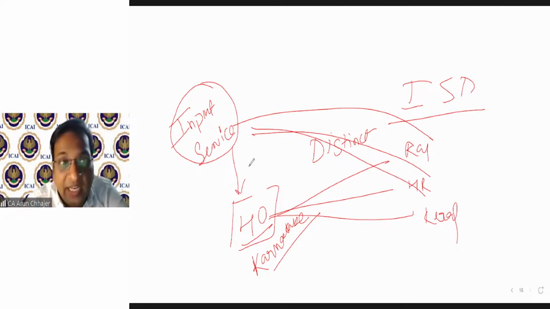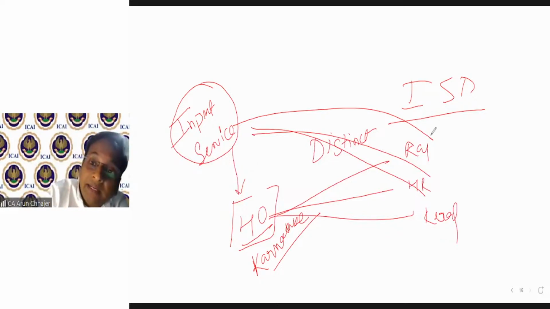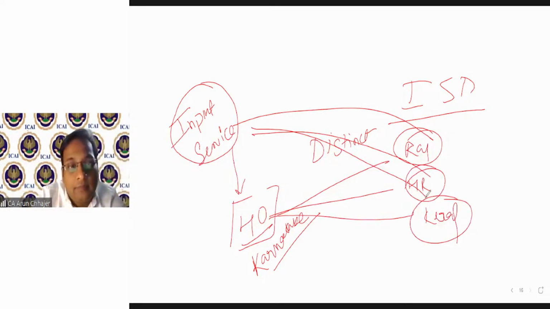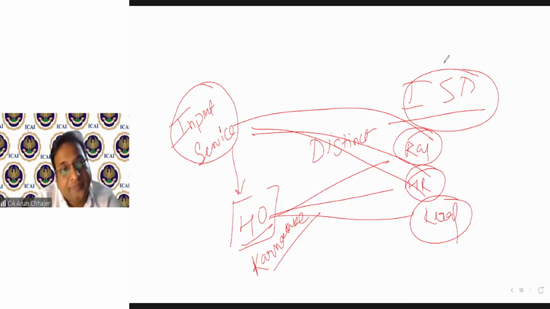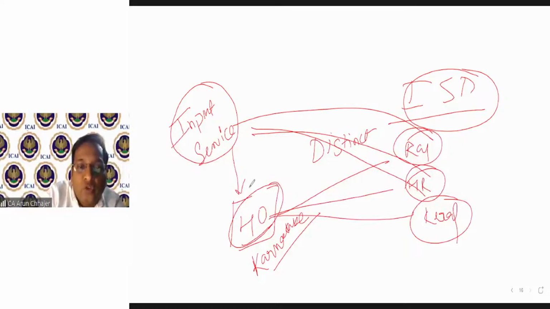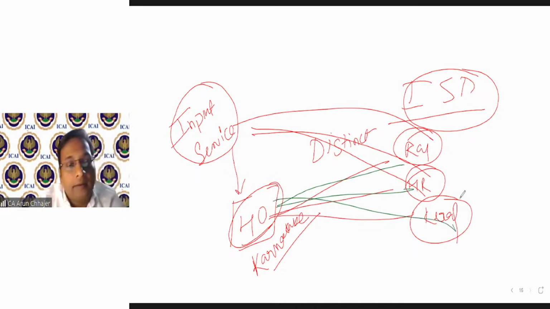So the input service invoice is being received at the head office, but that invoice was for the benefit of the branches. According to section 20, this head office has to distribute the credit in the turnover ratio of the relevant branches.